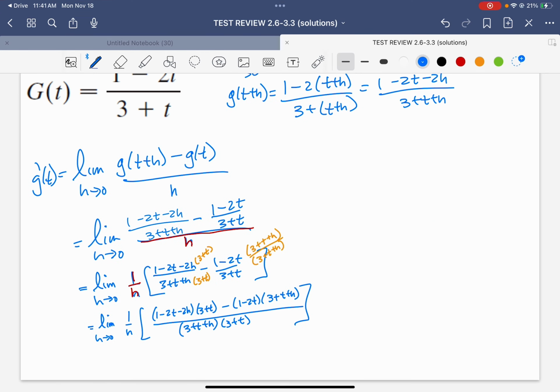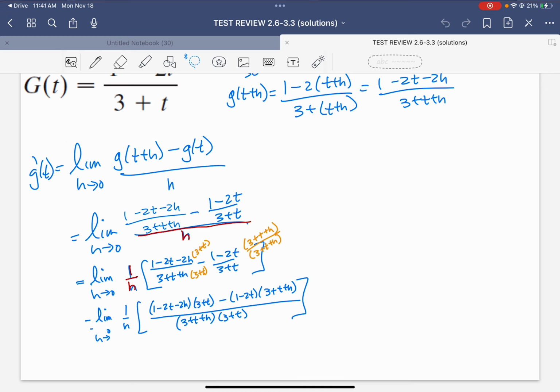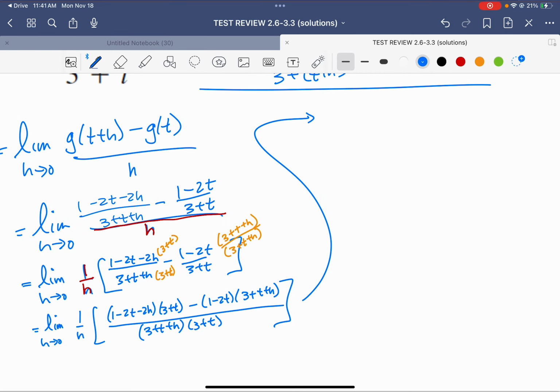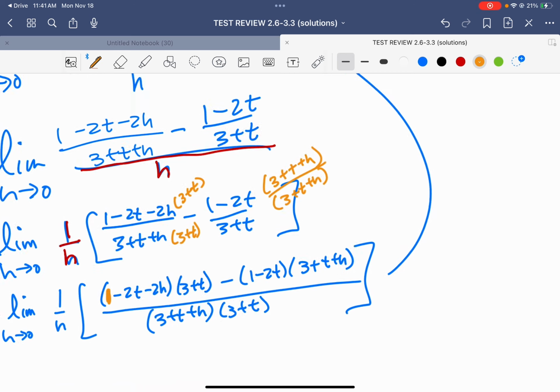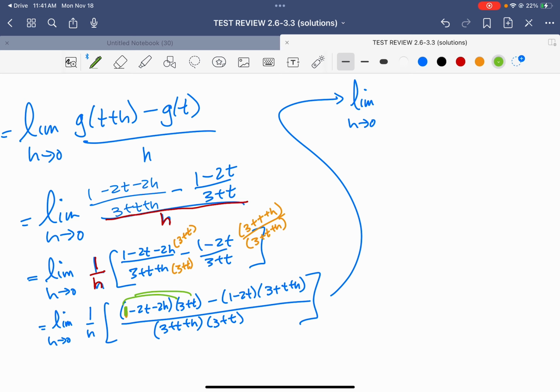So I'm going to take all this, and if you allow me, I'm going to come right over here. I'm going to have the limit as h goes to 0 of, let's get all our terms first. So 1 is going to distribute. 1 is going to hit each of these, and it's going to give me a 3 plus t.